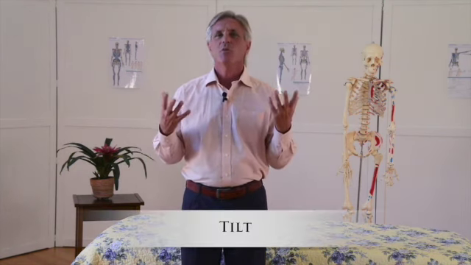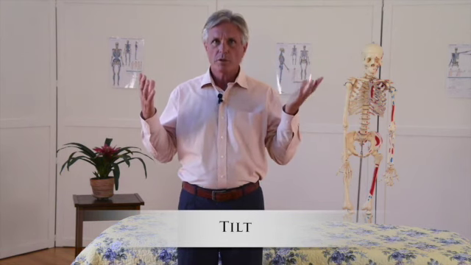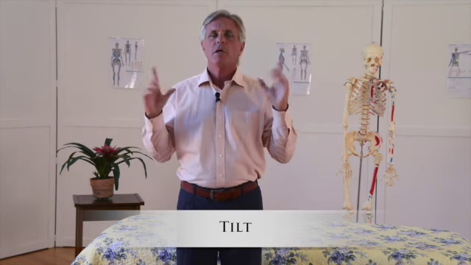The term tilt, the first one that we'll be using, means that a body part is tilted off the vertical line or off the horizontal line relative to another part. If you want to do it relative to the floor, you can say so. Or relative to a gravity line, you can say so.